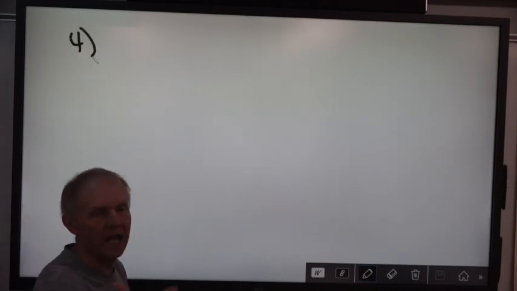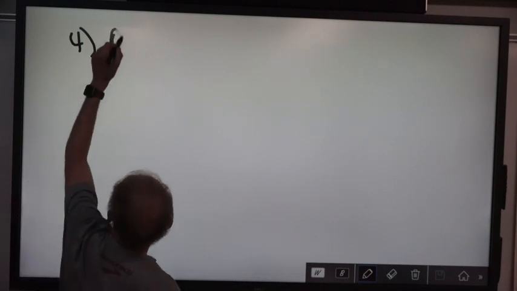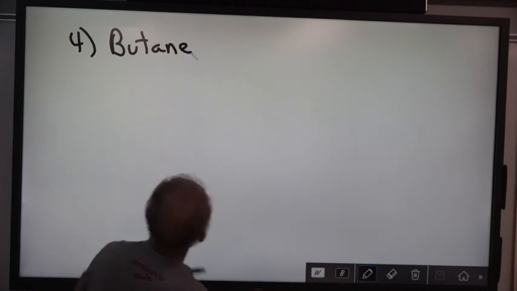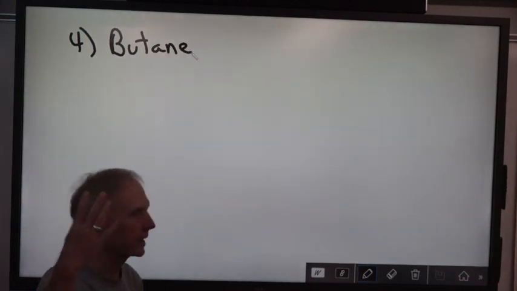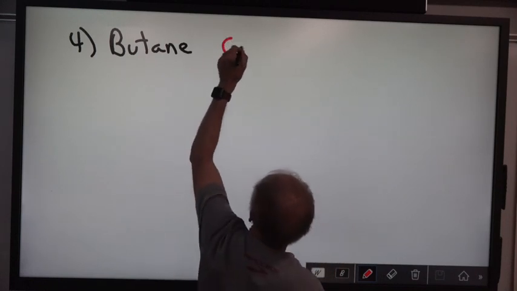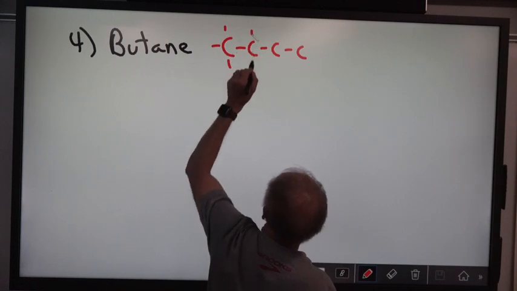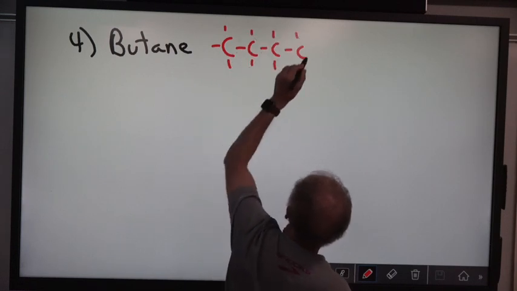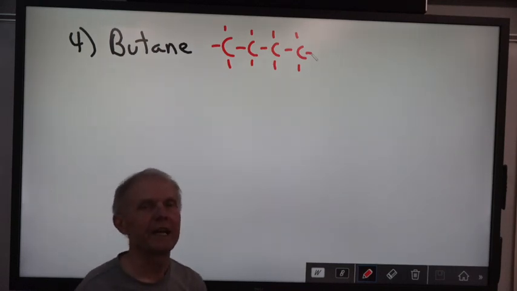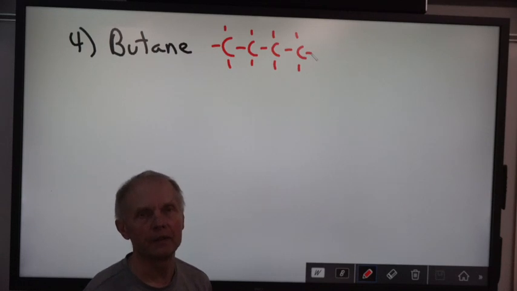So it's meth, eth, prop. The number 4 is but. Butane. That means 4 carbons. Now, for speed's sake, I'm not going to put the hydrogens in. Each dash goes to a hydrogen, all right?